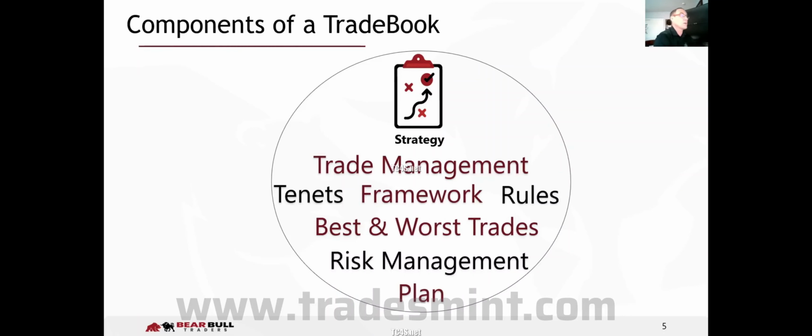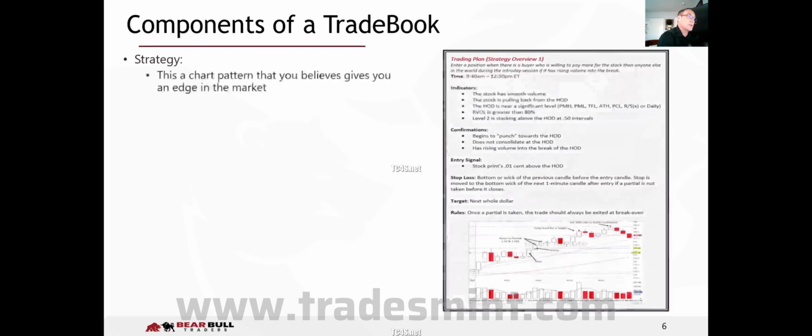And I really want to get into that aspect of this part of the strategy for you. So what is a strategy? It is basically a chart pattern that you believe gives you an edge in the market, meaning that when you trade that specific chart pattern, you will win more times than you will lose, and your returns will produce a positive equity curve.